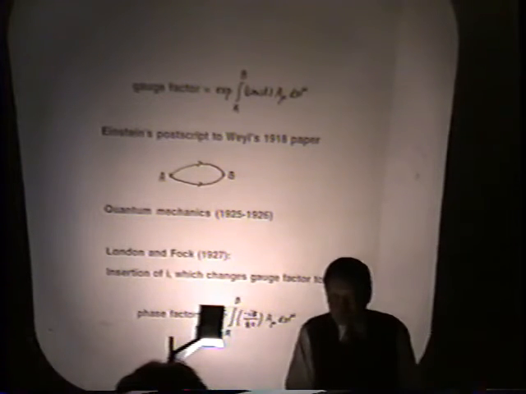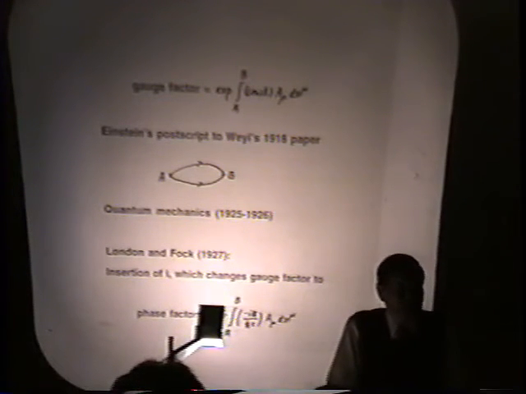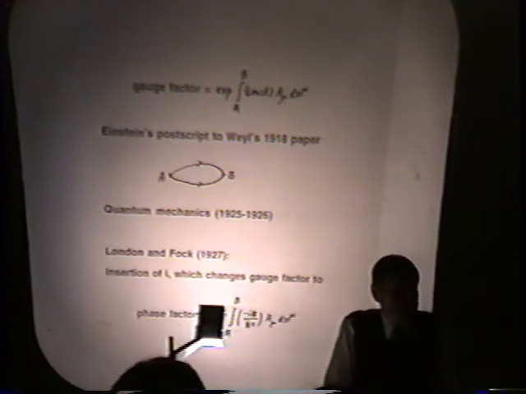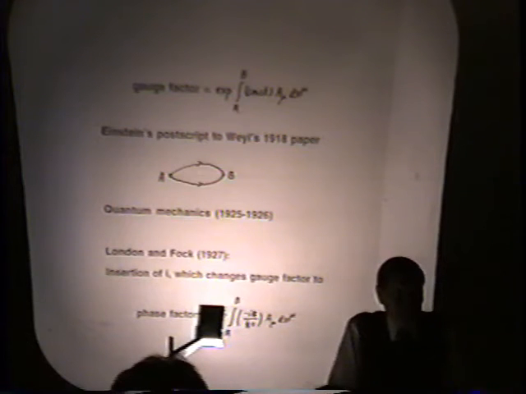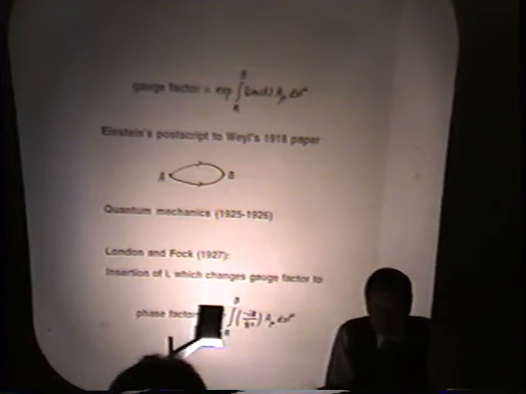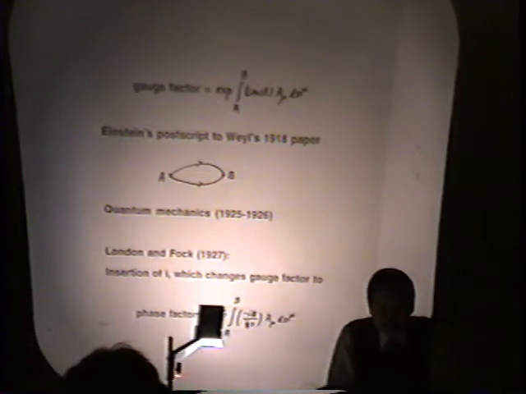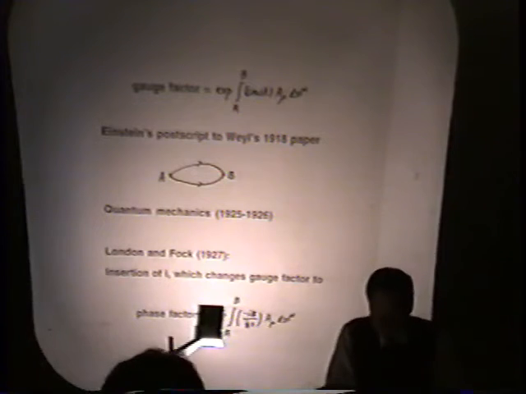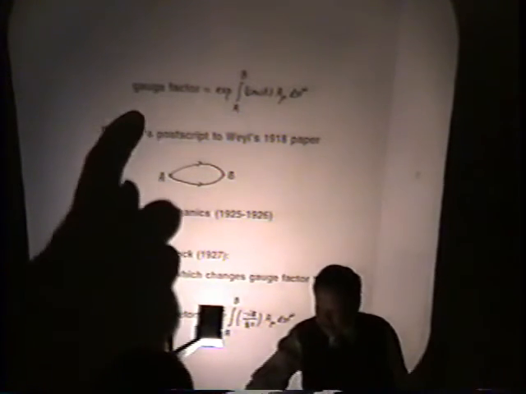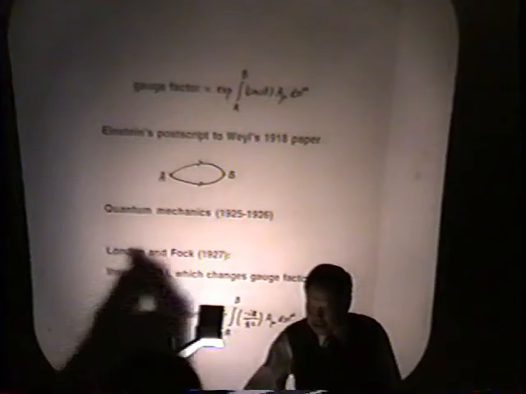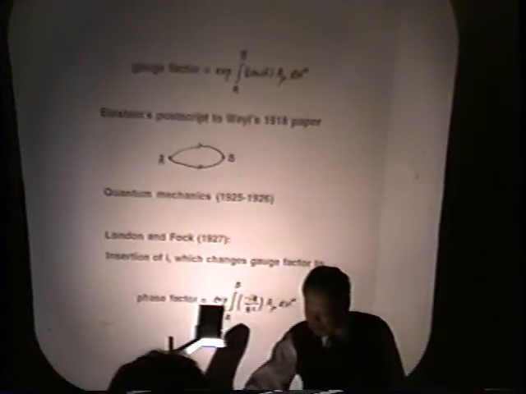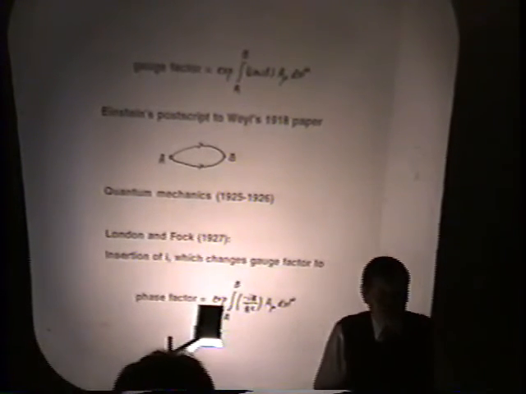But then quantum mechanics was developed independently of all these gauge ideas. And after quantum mechanics was developed, it turned out, and was pointed out by Fock and by London independently, that Weyl's idea was essentially right, only you have to insert an i. It's not a gauge factor like this, where in Weyl this constant is real, and you have length changes, but you have an i in there, which is a phase change.